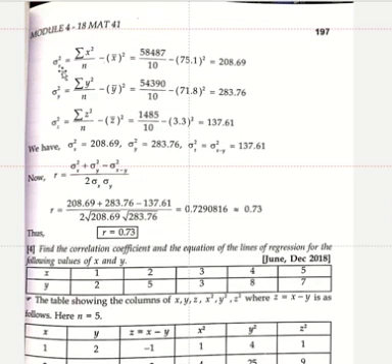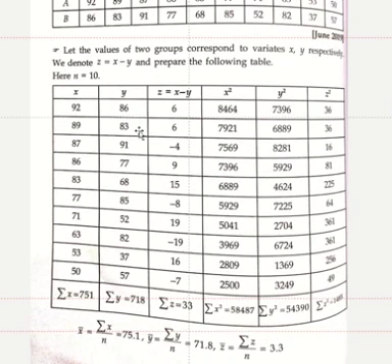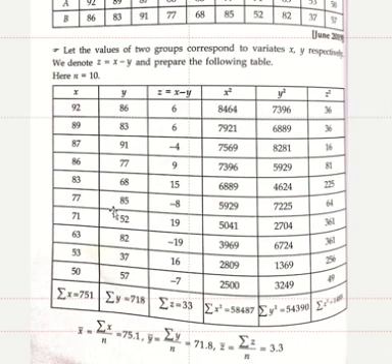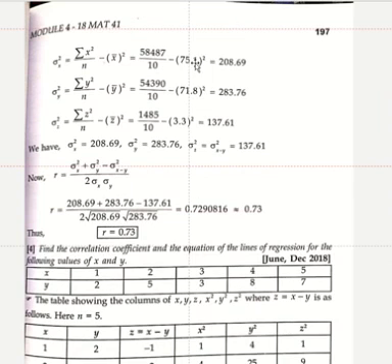Next, we need to find sigma x whole square, sigma y whole square, sigma z whole square. Therefore, sigma x whole square is equal to summation of x square divided by n minus x bar whole square. The summation of x square is 58487, divided by n is 10, minus x bar whole square. X bar is 75.1 whole square. After simplification we get 208.69.